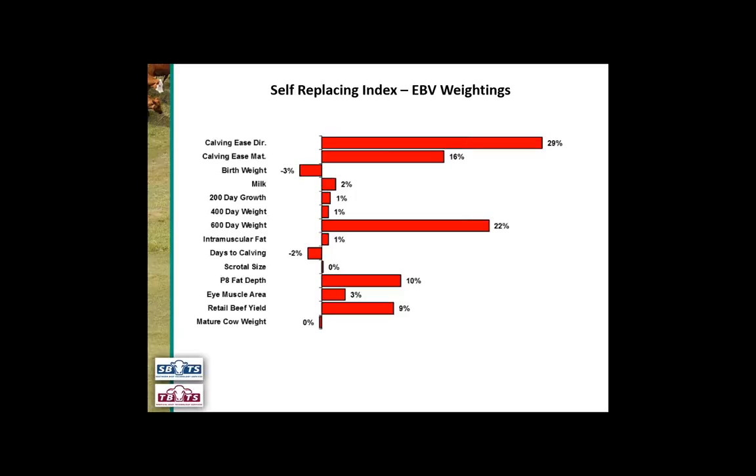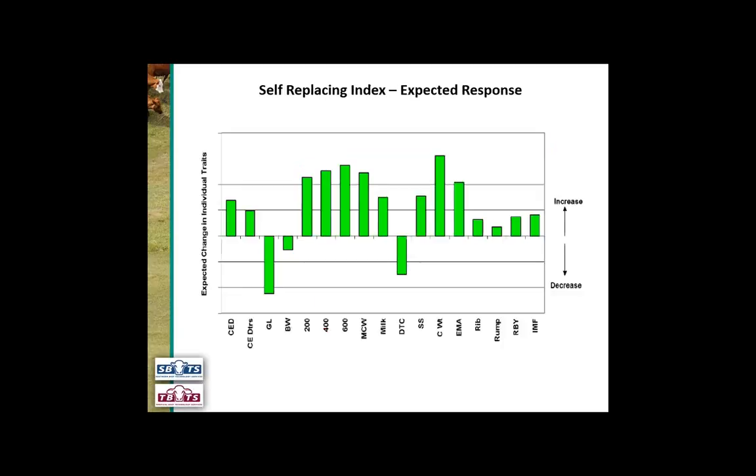So then we have what we call a green graph. What the green graph shows us is that if you only use sires in the top 10 percentile for that particular index, this one being the Limousin self-replacing index, this is the response we would expect for each trait.